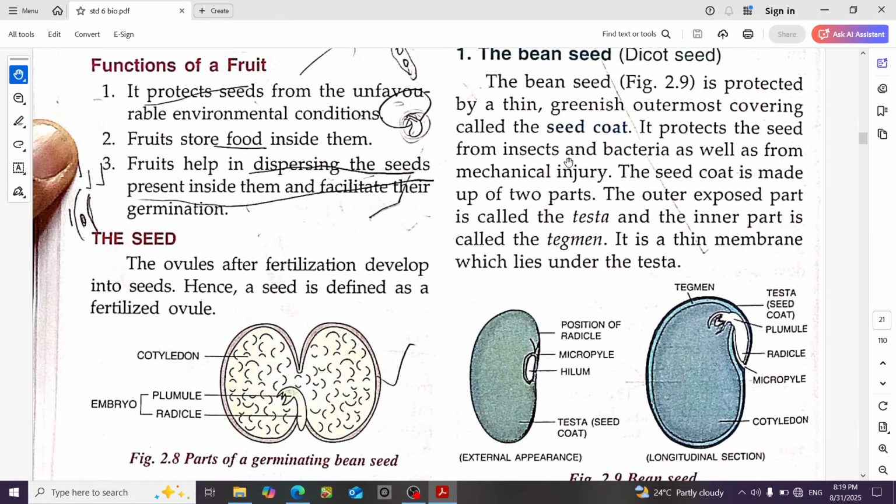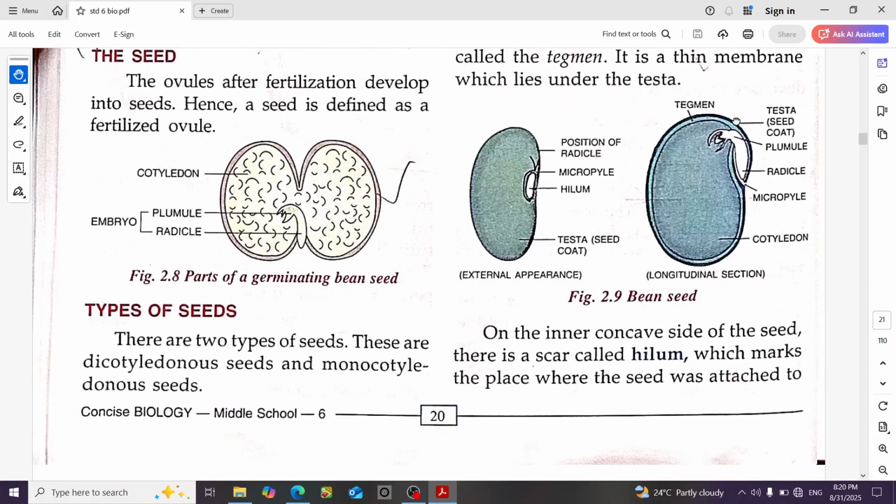It is protected by a thin greenish outermost seed coat. It protects it from bacteria and mechanical injury. So when the seed falls down, it is protected because of this seed coat. Outer exposed part is called testa, inner part is called tegmen. Look at this picture, you can see it can come in exam. So remember these parts.